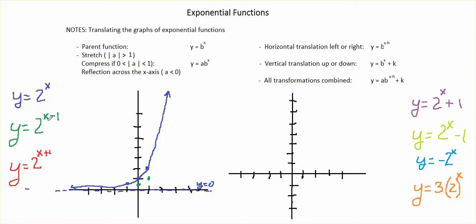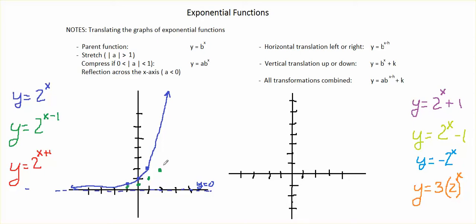If we plug in a 2 here, 2 minus 1 is 1, 2 to the first power is 2. And at -1, -1 minus 1 is -2, so we take the reciprocal of 2, a half, and square it, and we get a fourth.